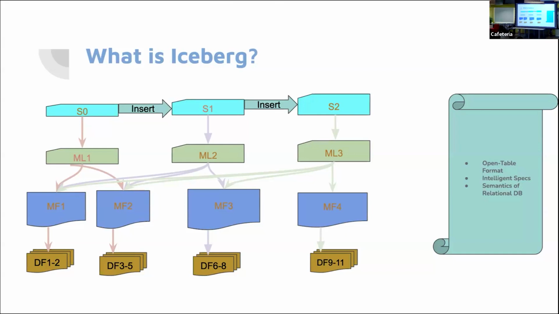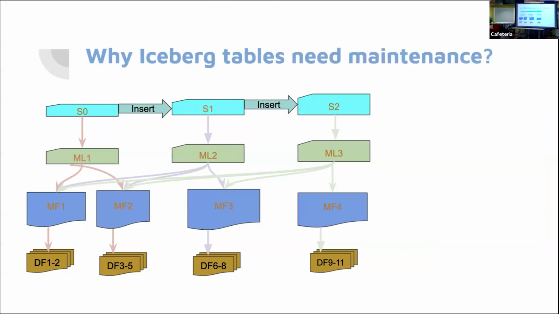So this is how your Iceberg ecosystem will eventually look with multiple DML operations. I'm saying DML because it can be delete, update, merge, insert, any operation. So at the end of the day, your Iceberg ecosystem looks like this. Are you guys with me so far? Okay, please, yeah.